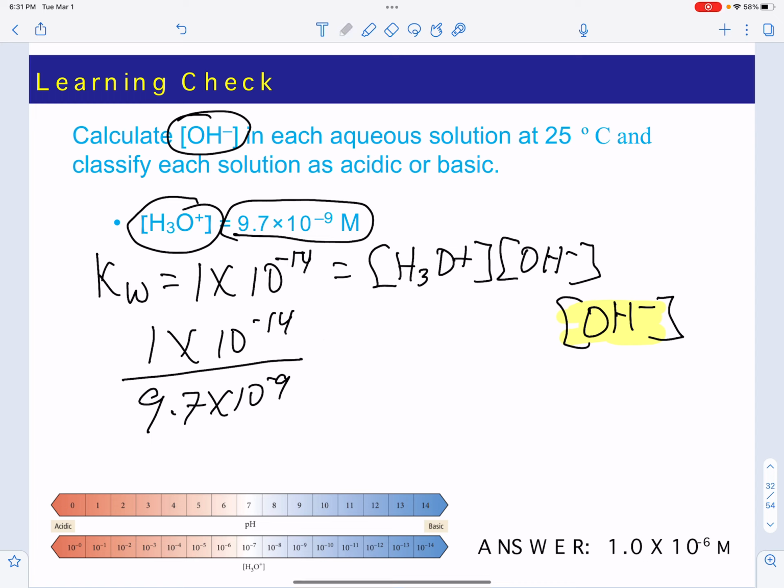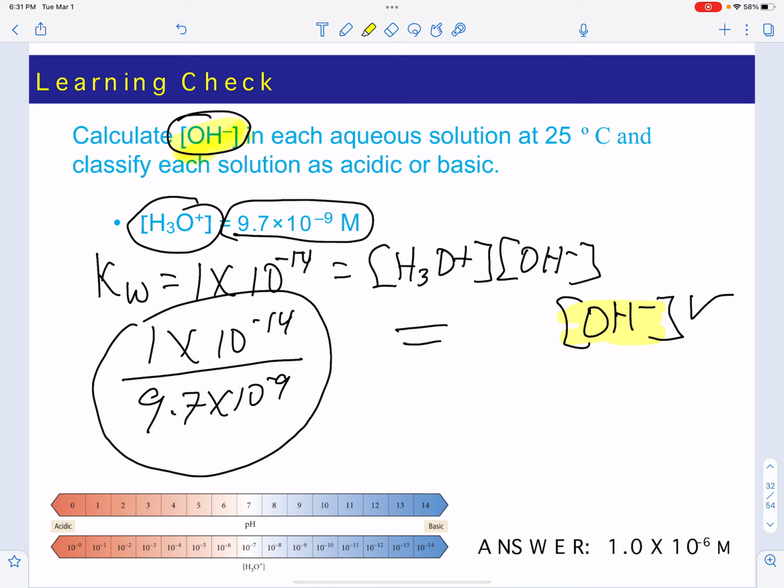And my solution becomes then 1 times 10 to the minus 14 divided by 9.7 times 10 to the minus 9. That will give me what I'm looking for, the concentration of hydroxide. And that's going to be 1.0 times 10 to the minus 6, which is just a matter of putting this number on your calculator.